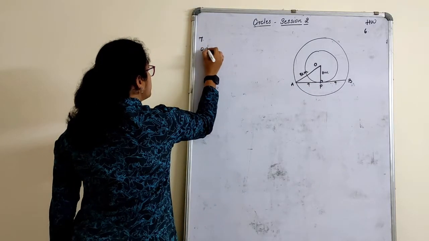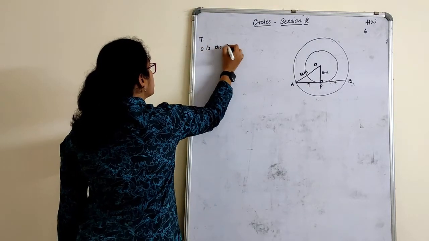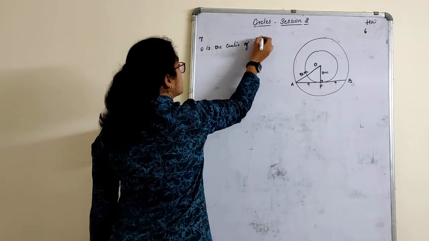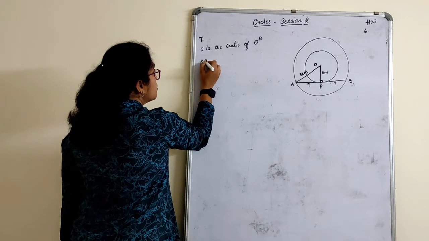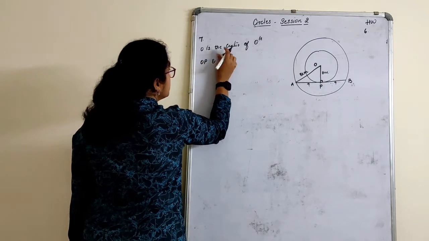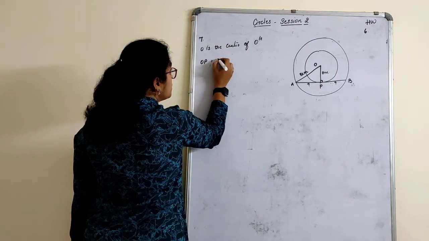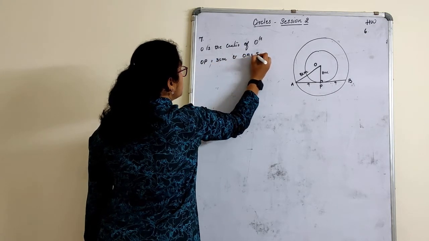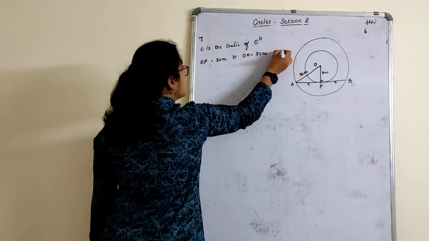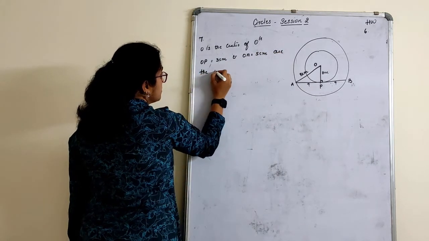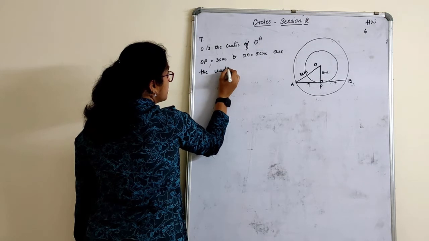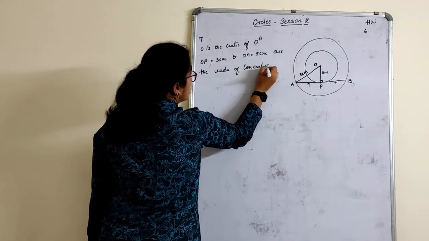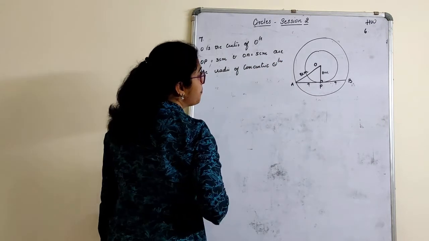O is the center of circle. So OP is equal to 3 cm and OA is equal to 5 cm are the radii of concentric circles.